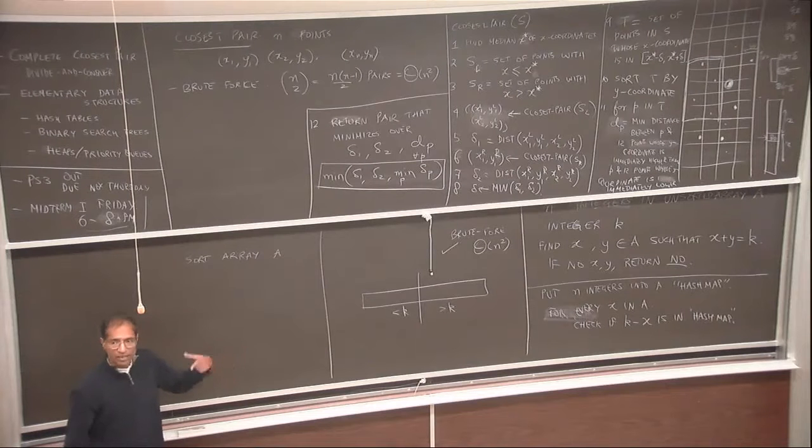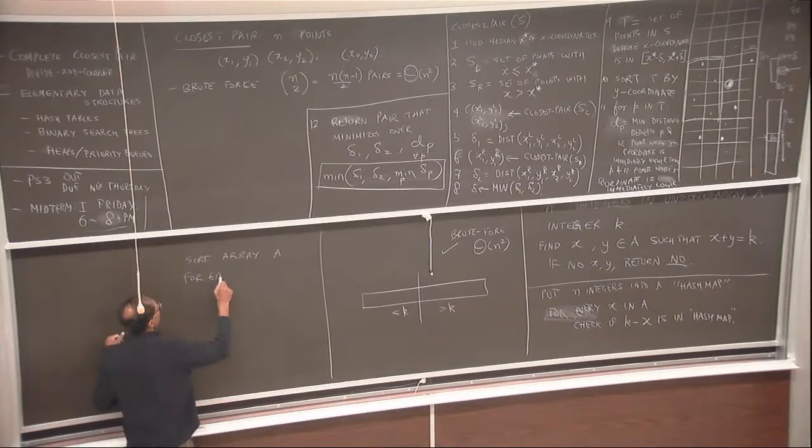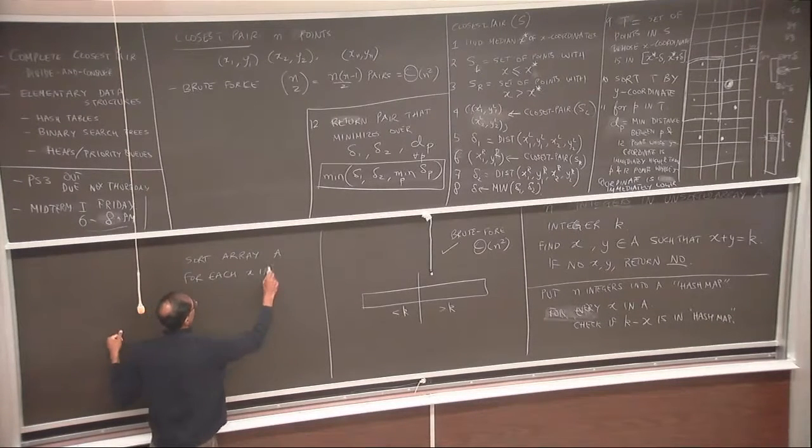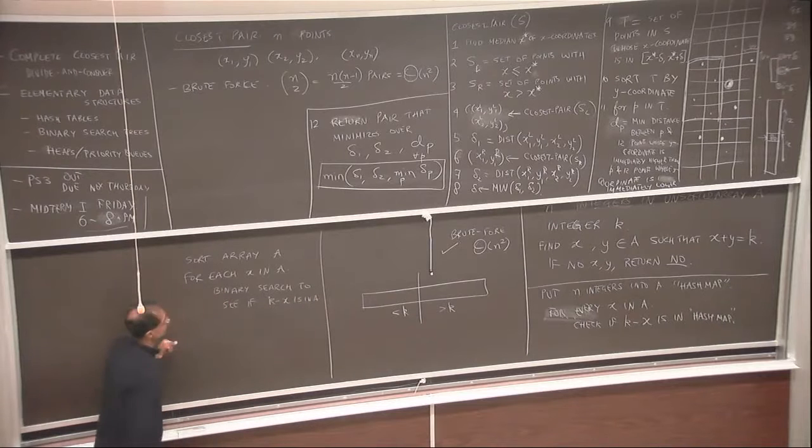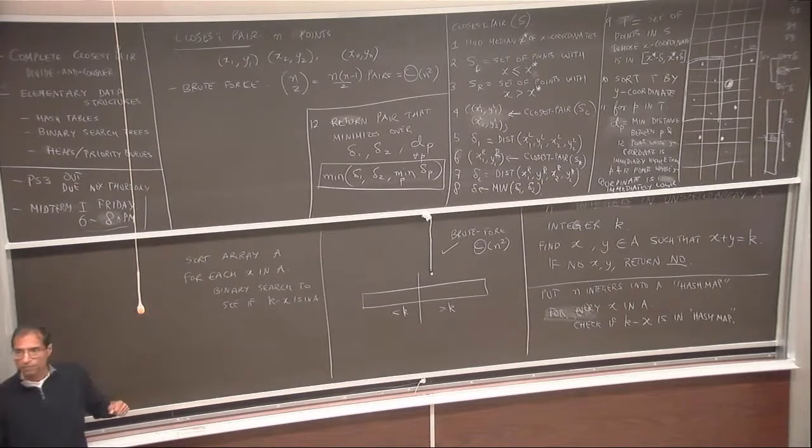Now you do a binary search for k minus x for each x in A, to see if k minus x is present.